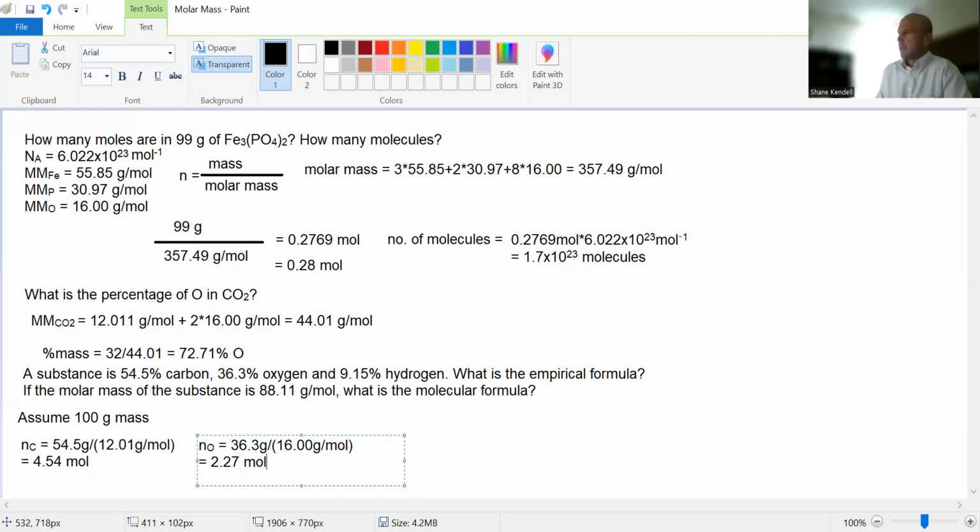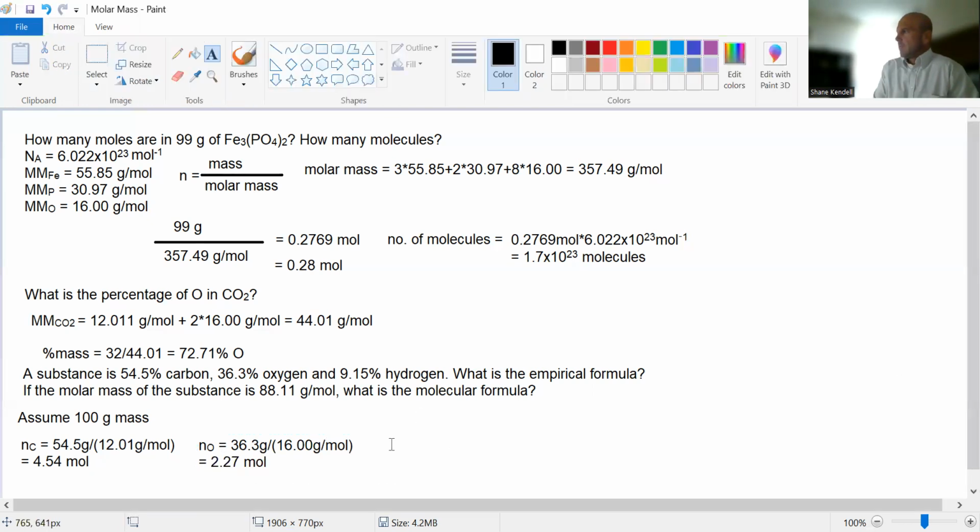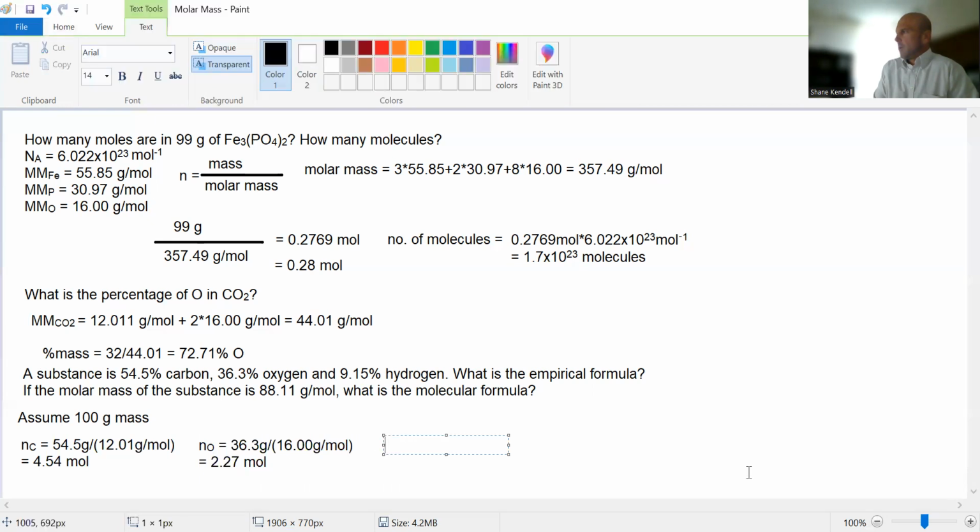Mole. The last one, where we can work out our empirical formula, would be the number of moles of hydrogen. And so that equals 9.15 grams divided by our 1.008, or 1.01, however you want to look at it, grams per mole.